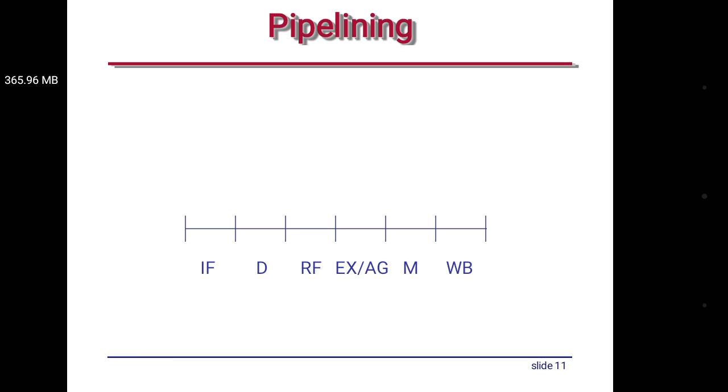As we know, a single task is broken down into several subtasks, and each subtask is executed by multiple functional units concurrently. So the instruction is subdivided into IF, that is instruction fetch, decode, execute, and write back to the memory.